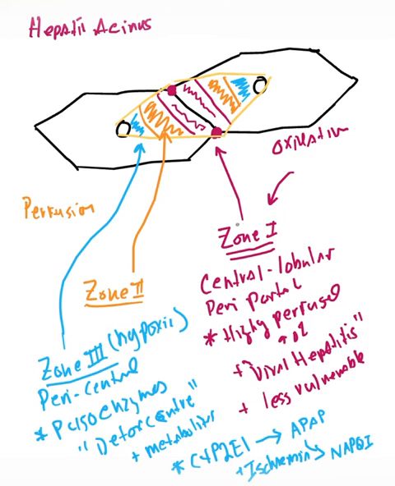So processes such as gluconeogenesis, beta oxidation of fatty acids will predominantly occur here, and even the making of cholesterol will be occurring. So a lot of oxidative processes. However, zone 3 is where it's at when it comes to your cytochrome P450 enzymes.